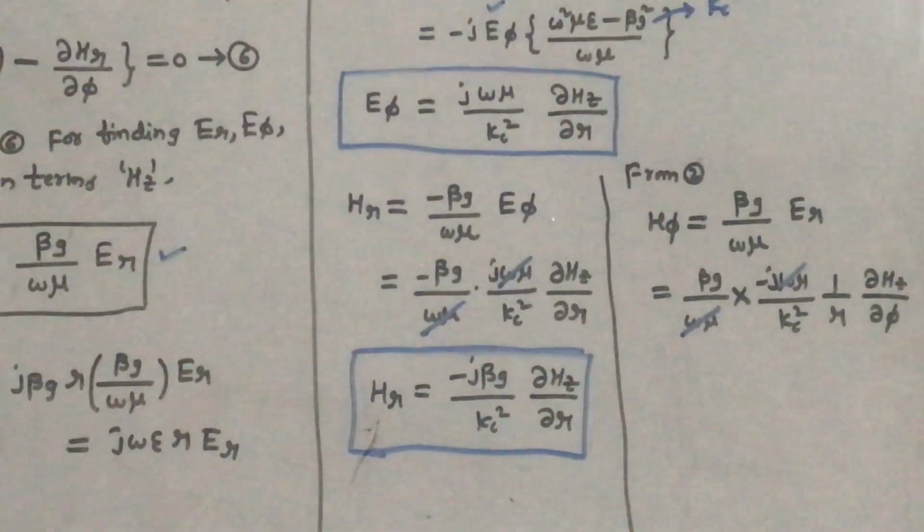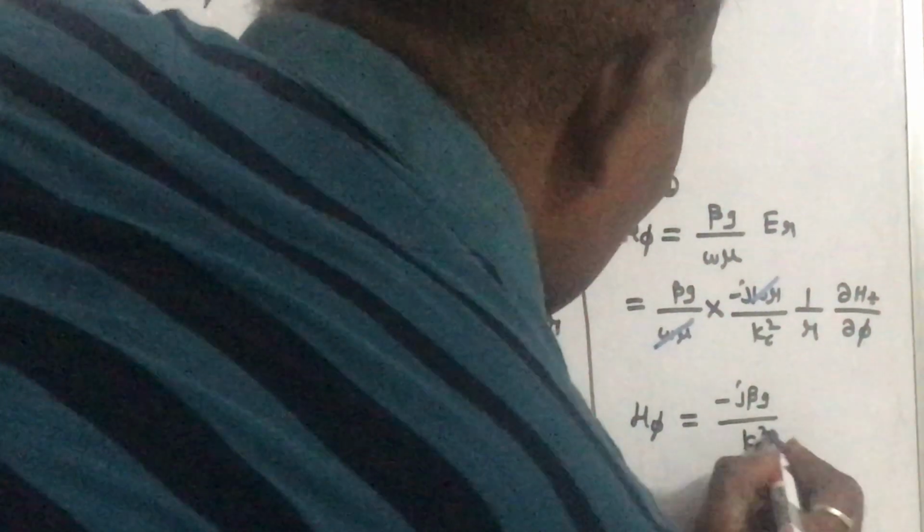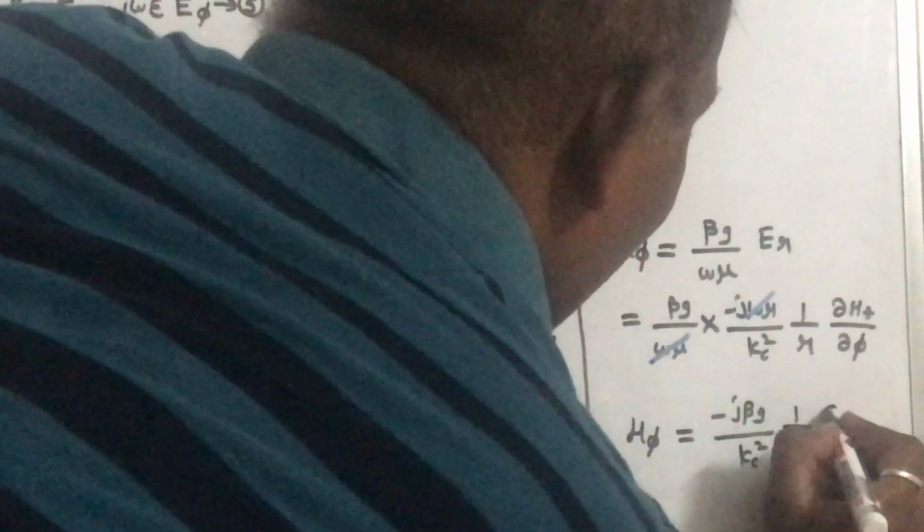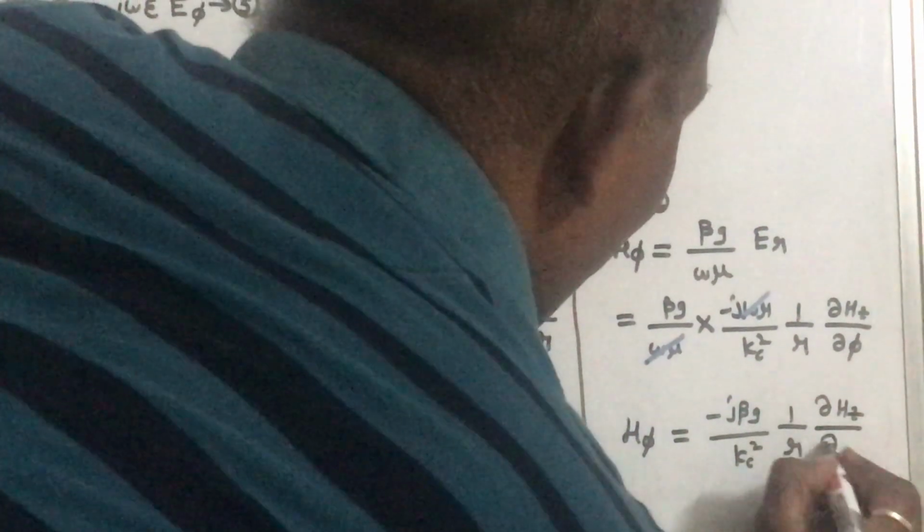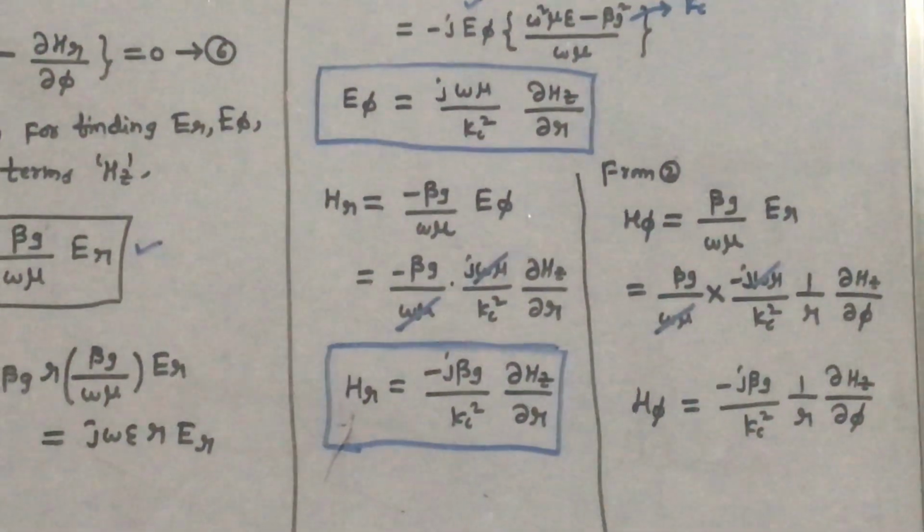Substitute this ER, minus j omega mu by Kc square into 1 by R into dou Hz by dou phi. Cancel out omega mu and omega mu. Finally we find the field component H phi, that is equal to j beta g by Kc square into 1 by R into dou Hz by dou phi. So these are the field components which we have derived.